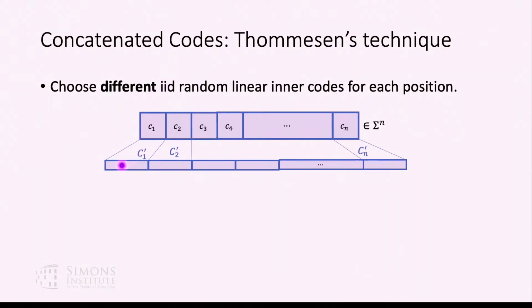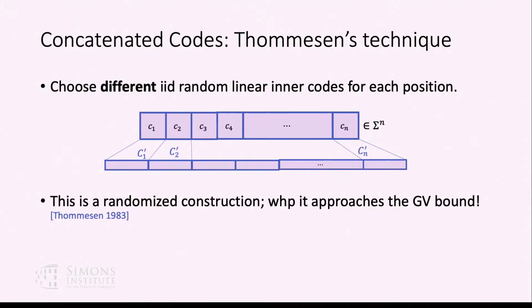The first symbol is encoded by a random linear code C1 prime, the second symbol is encoded with a random linear code C2 prime, and so on. This is a randomized construction, but Thommesen showed in the 80s that this approaches the Gilbert-Varshamov bound. We don't know if it's optimal, but it attains the best trade-off we know how to attain for binary codes between rate and distance.